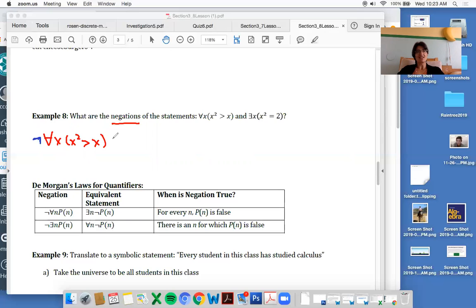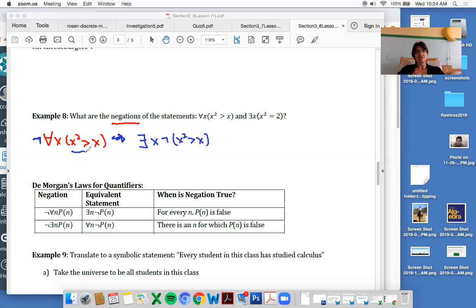So if I negate it, then this is going to turn into this. So the existential, and then the negation goes to my proposition. So you can see how it's set up. We have the quantifier, and this is like a typical element in my universe.